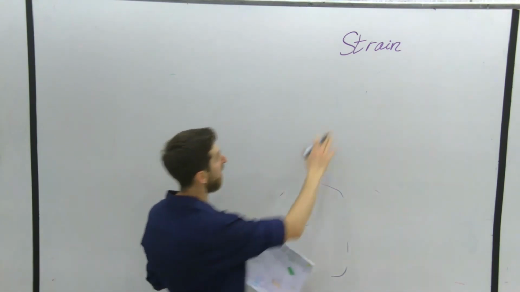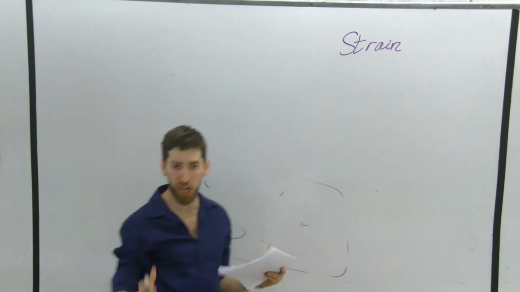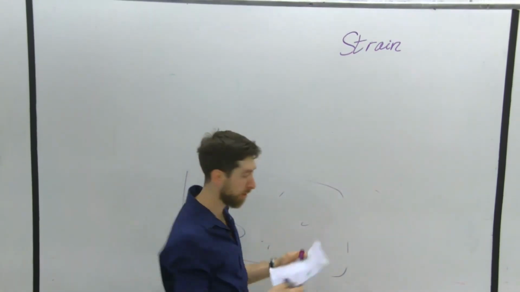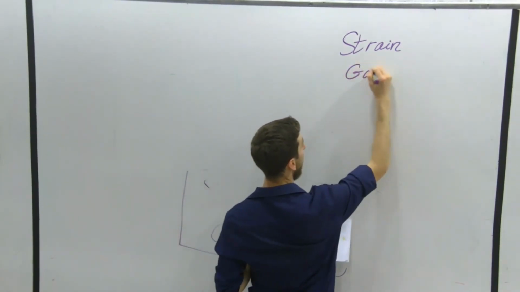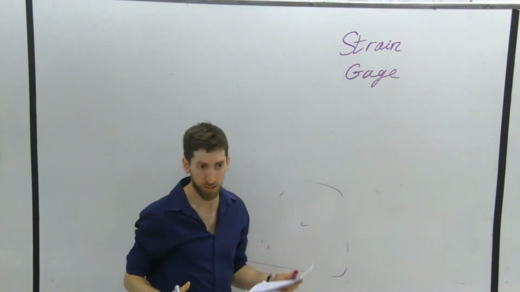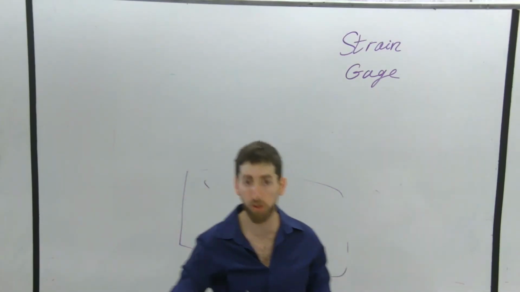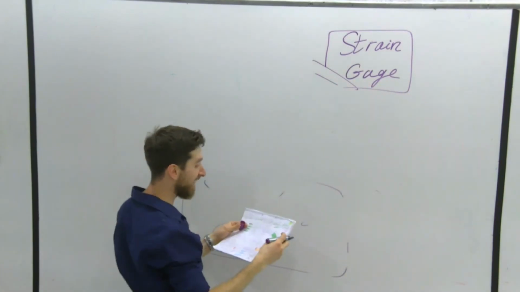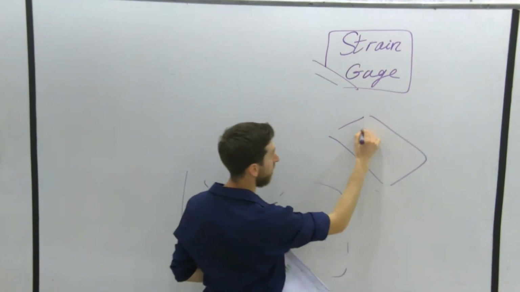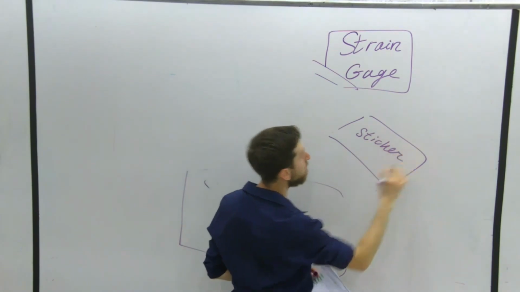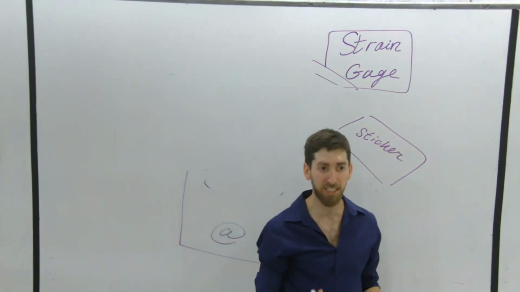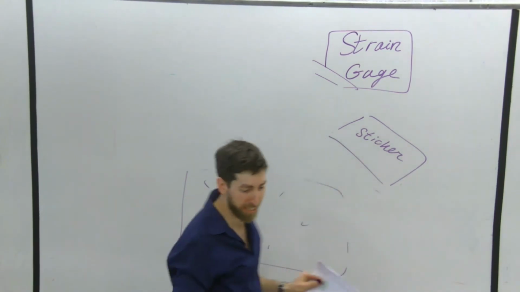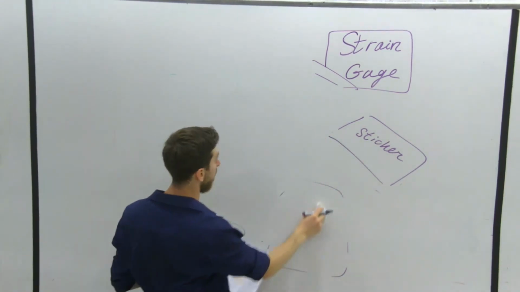Yeah, there are many ways to look at it, but it's kind of a deformation in length, I think that's a better word. And the second word is gauge. You know what a gauge is? Something to measure, right? So strain gauge, this is the device. It's actually a sticker that you can put on things, and it tells you how much the thing shrinks or extends. That's the idea of this sticker, and it's based on resistors.